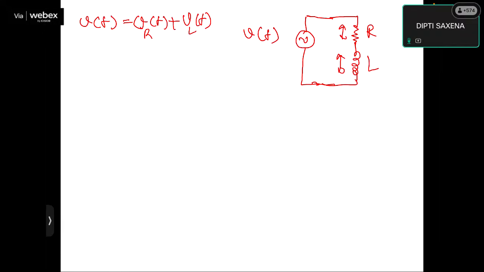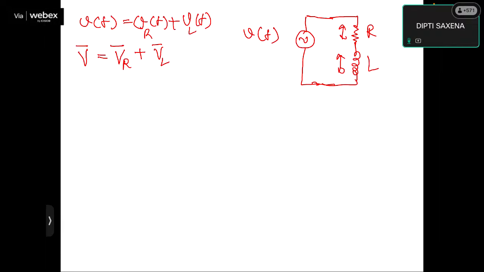Now, if I want to write in the phasor form, what can I write? The phasor source voltage V will be equal to the phasor voltage across the resistance plus the phasor voltage across the inductance.